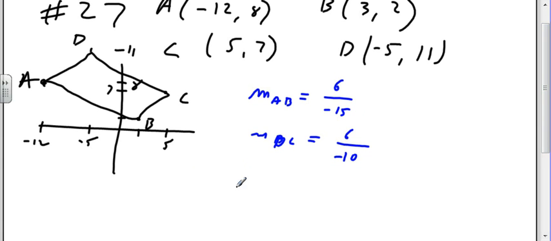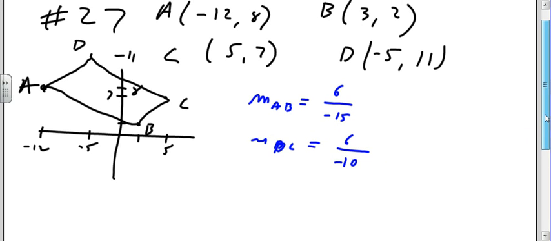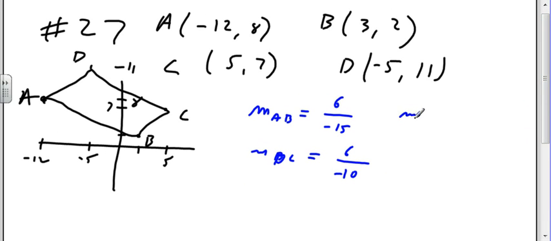So now we're going to look at the slope of AD. Okay, change in Y: 11 minus 4 is a 3. Minus 5 minus 12 is a 7.